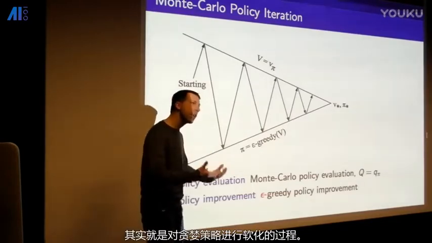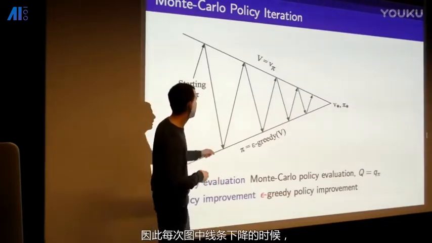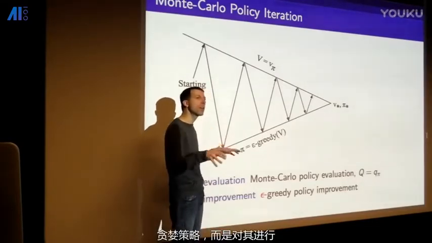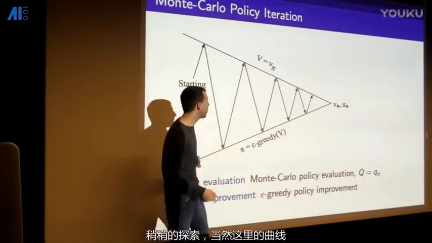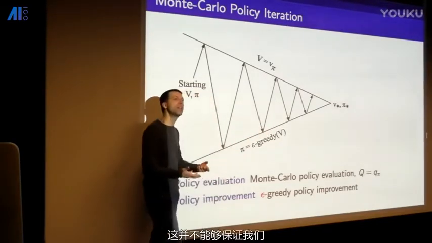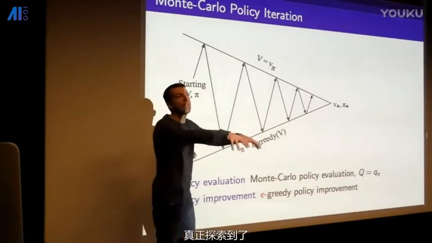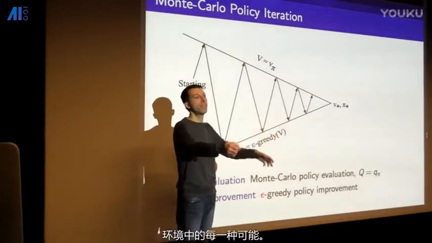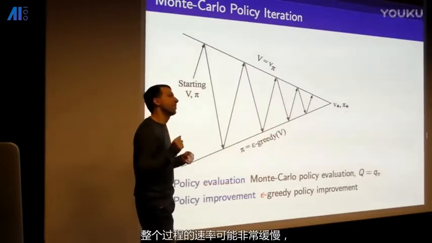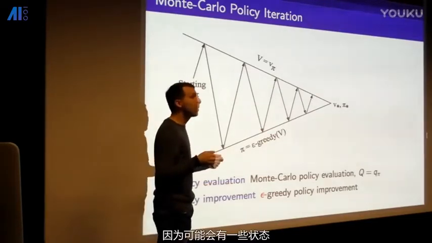we basically have this softening of the greedy idea. So every time we go down, we're not getting to the completely greedy policy, we've got a little bit of exploration left. And so the policy is always stochastic along here now, and that stochasticity in the policy ensures that we, at some rate at least, explore everything in the environment. Now, as pointed out by the question there, the rate at which you actually see that might be very, very slow still.